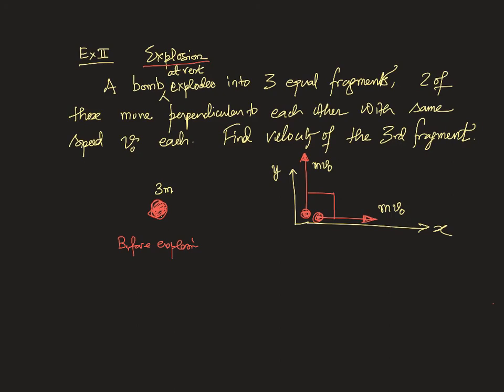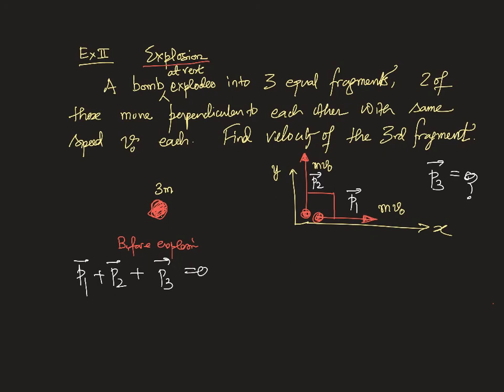Suppose we name the momenta P1 and P2. We have to find out P3, the momentum of the third part. P1 plus P2 plus P3 will be equal to 0.